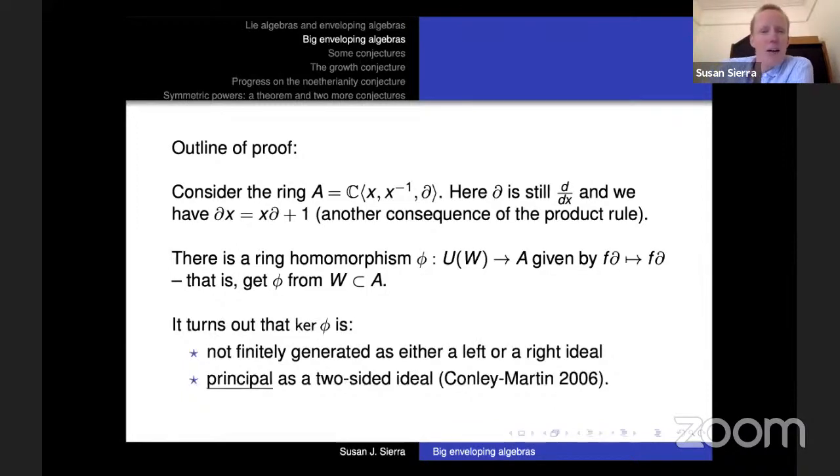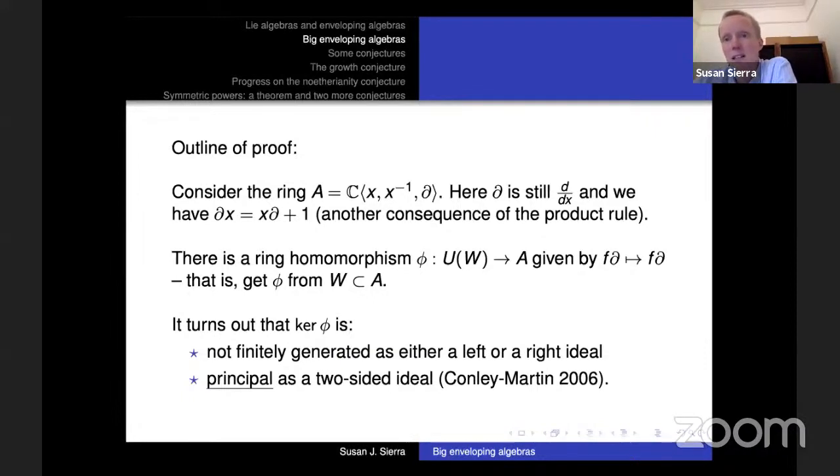It turns out that the kernel of this homomorphism phi is the ideal that's not finitely generated as a left or right ideal. So the kernel of phi, in other words, gives us the answer to the question, proves this theorem that the enveloping algebra of W is not Noetherian.